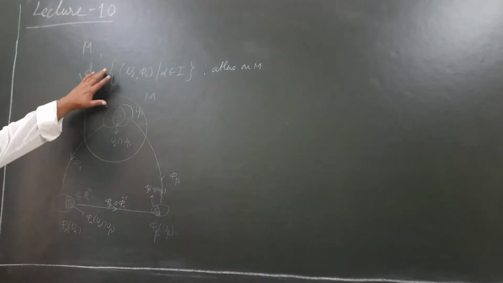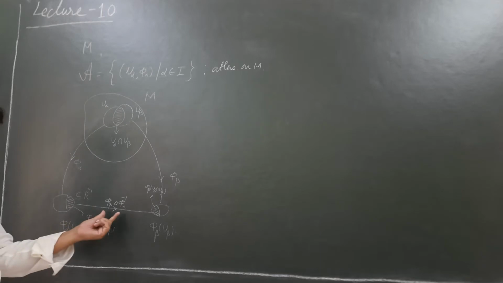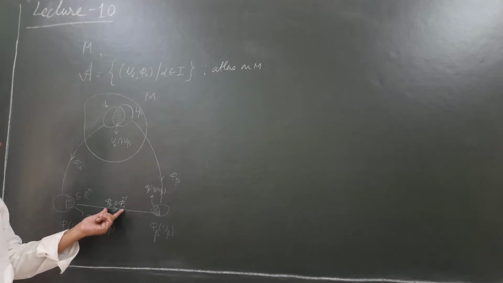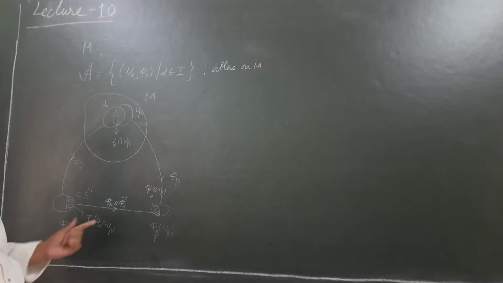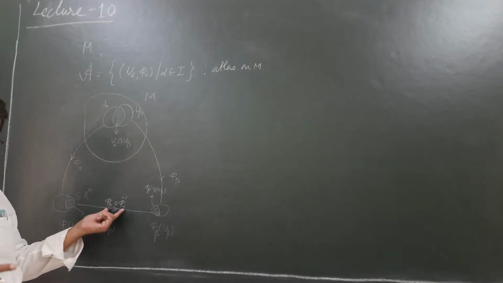If I forget about the manifold and concentrate on this map, it is a map from an open set of R^n to an open set of R^n. We call this map a transition map.